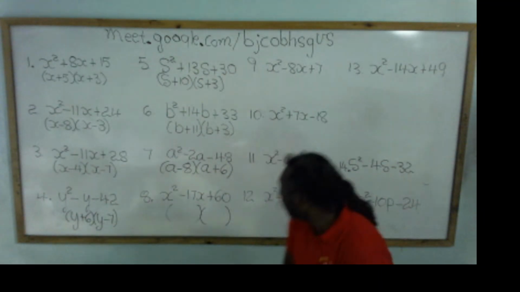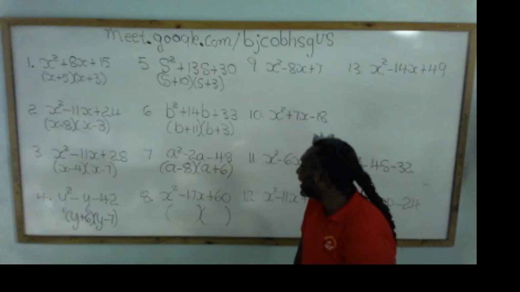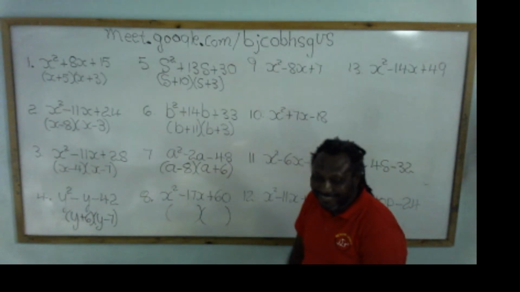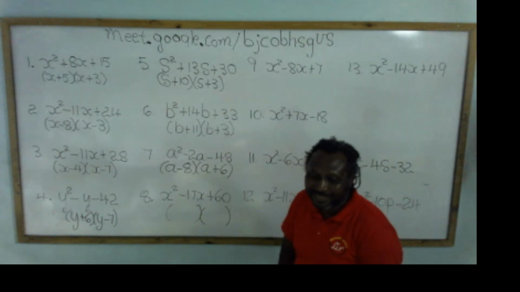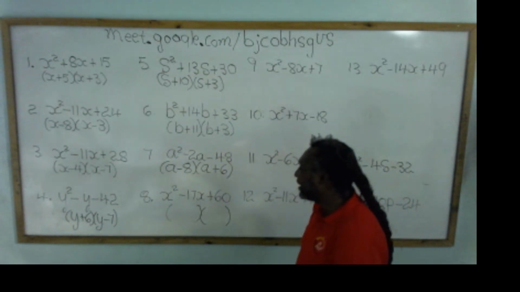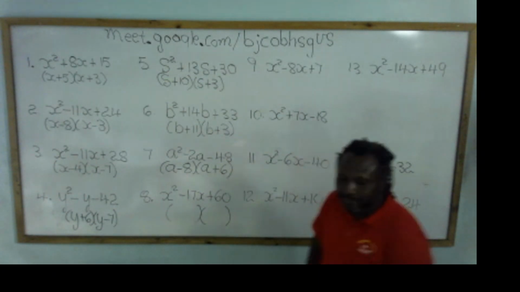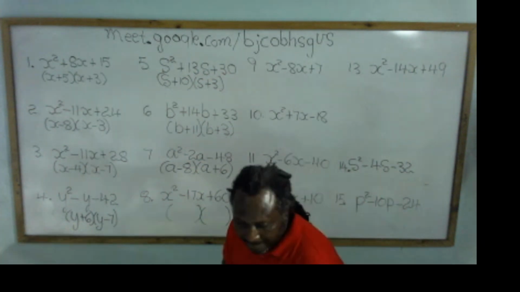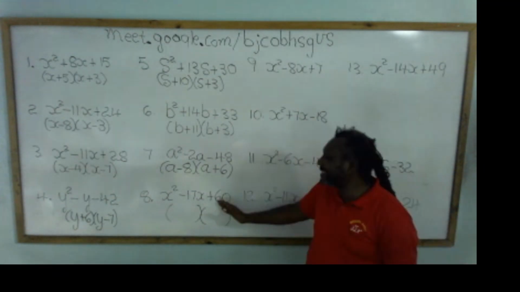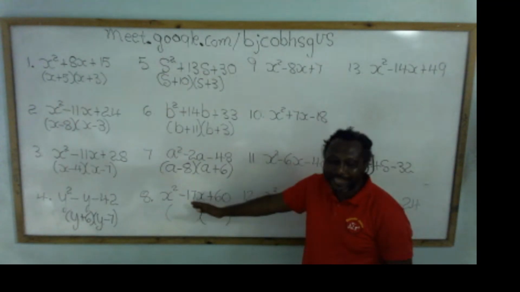They have a sum of negative 17, but they have a product of 60. This is a twister. I'm going to put that in the twisters on Monday, which is tomorrow. Let's go. I'm looking for answers. They have a product of 60 and a sum of negative 17.